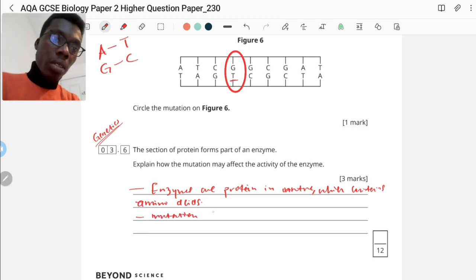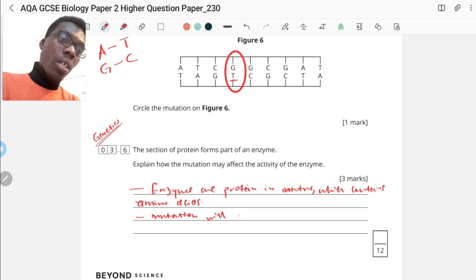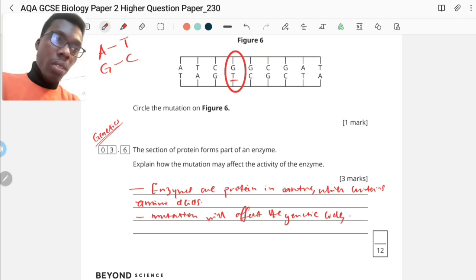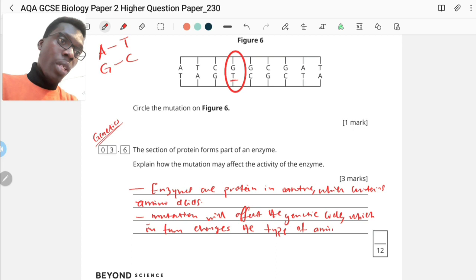Mutation will affect the genetic, let me slow down, genetic code. All right. Which in turn changes the type of amino acid formed.